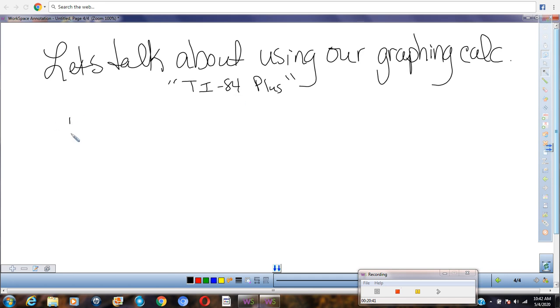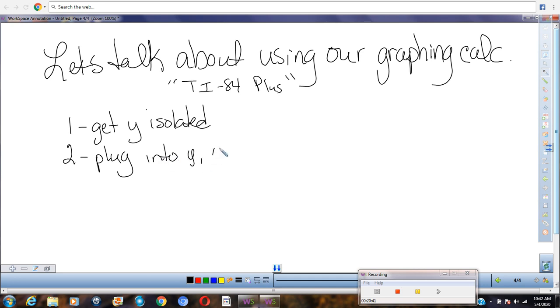So step 1, you're going to want to get the y's in all of your equations isolated. Step 2, you're going to plug each of those y functions in to y1, y2, possibly y3, depending.